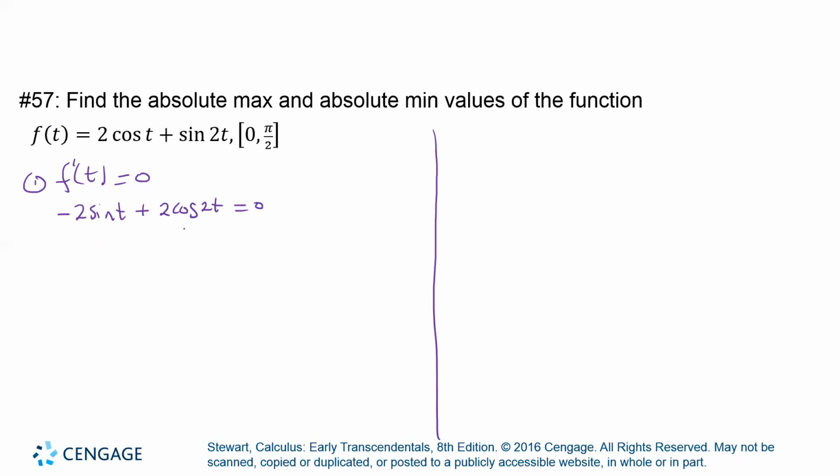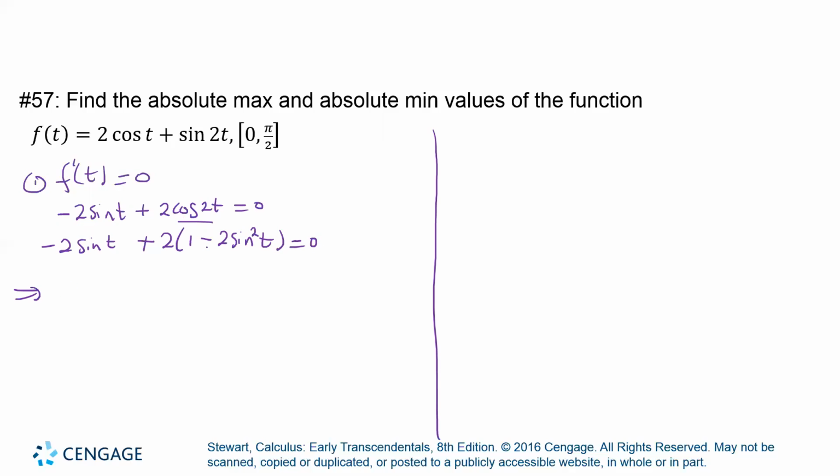Now, I cannot solve a question like that when I have different trig functions. It has to be only one of them. So I look at cosine 2t and express it in terms of sine. That is given by 1 minus 2 sine squared t, and then this is minus 2 sine t. So this becomes a quadratic function.